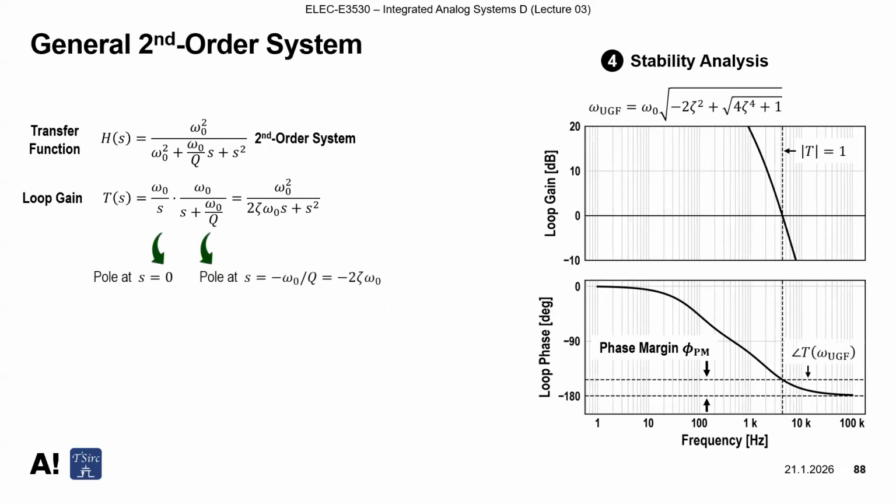So we get the unity gain frequency. So unity gain here is here, loop gain. The unity gain frequency of our loop gain is defined as this equation, omega 0 times the square root of minus 2 times zeta square plus other things. And now we can have a consideration of what happens at this frequency of the loop phase.